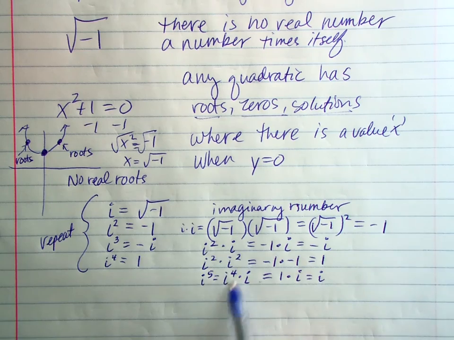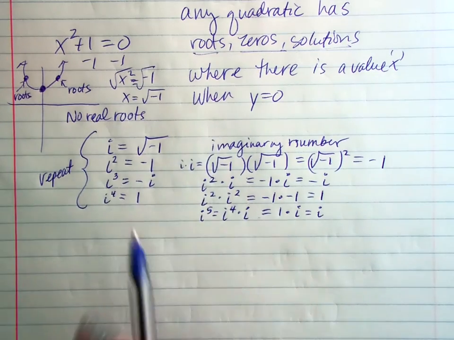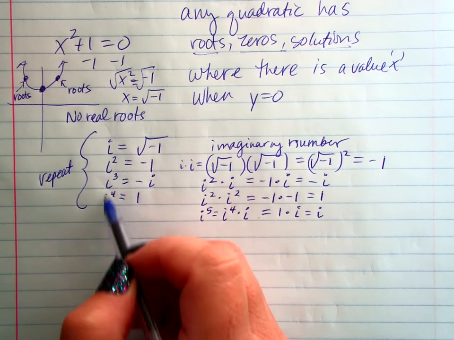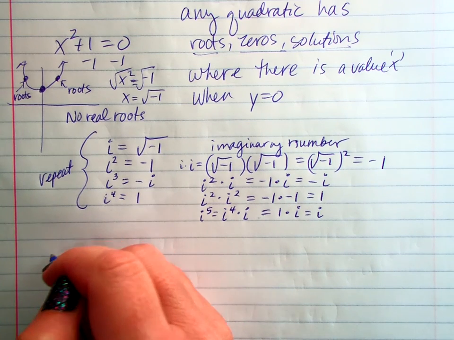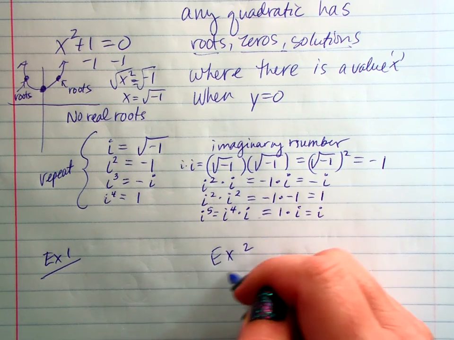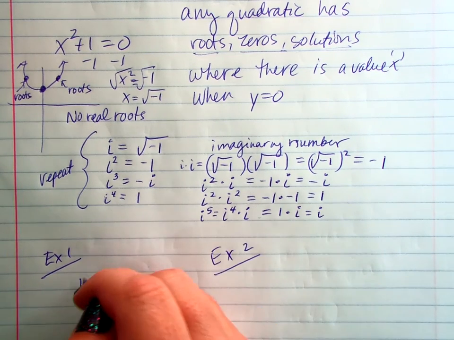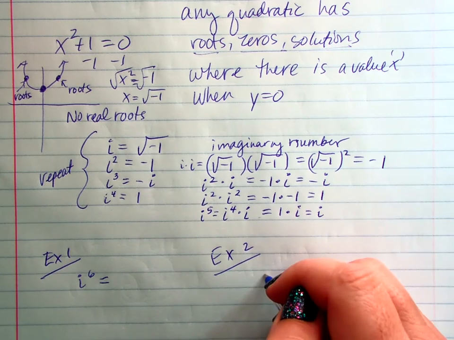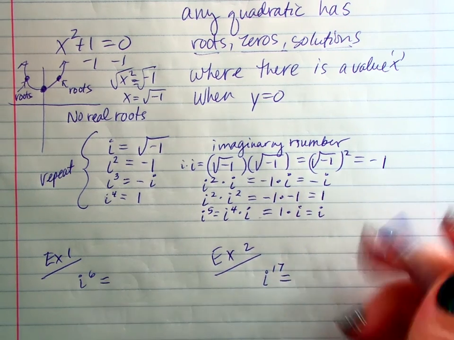So when we're trying to simplify just the imaginary letter i, some people just do a counting method where they go through these. So let's do a couple of examples so you can see what I mean. Let's do example 1 and example 2, and these are like what you're going to have on the quiz. i to the 6th equals, and i to the 17th equals.